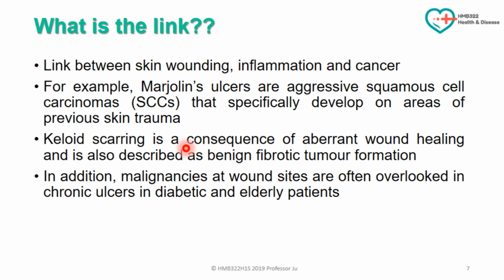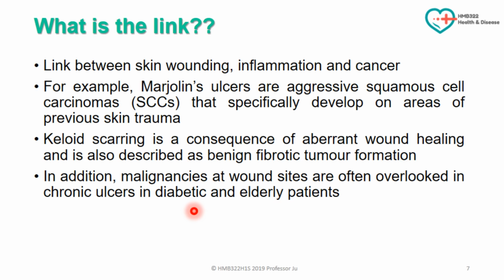So again, increasingly we're going to be looking at some of these other health-related issues. If you look at individuals who have ulcers associated with diabetes, so you often have diabetes resulting in skin ulcerations either on the feet or on the hands, etc. And in elderly patients, it tends to be overlooked where we get malignancies or skin cancers developing at these sites of chronic injury.